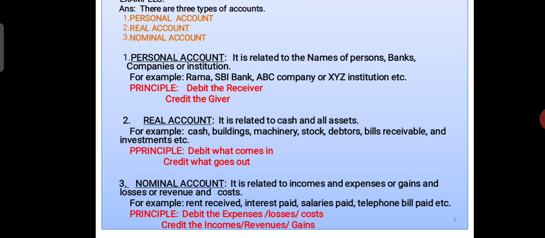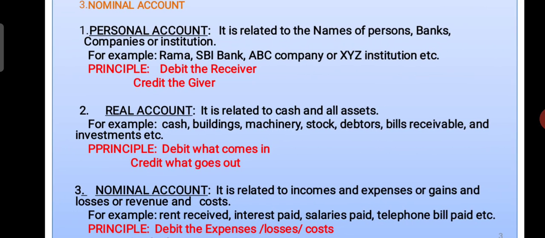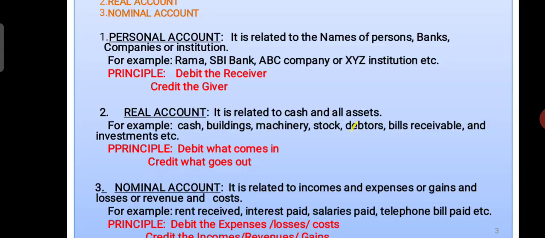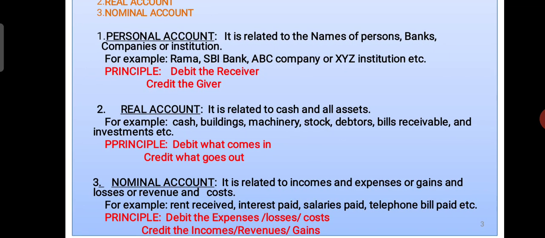What is the principle of personal account? Debit the receiver, credit the giver. Very good. What is the real account principle? Debit what comes in, credit what goes out. Very good. What is the nominal account principle? Debit the expenses, losses, costs, credit the incomes, revenues and gains.